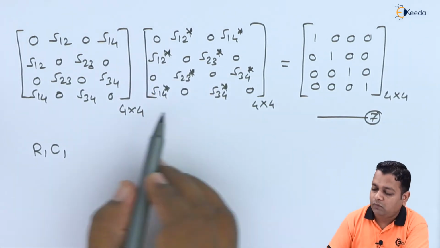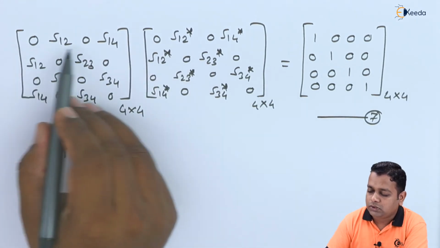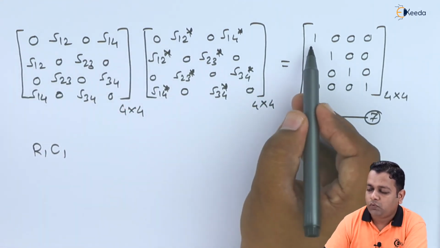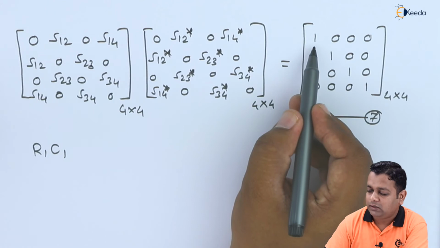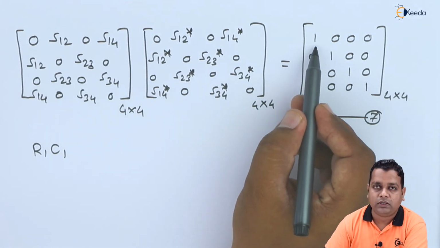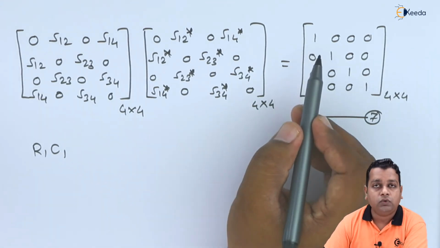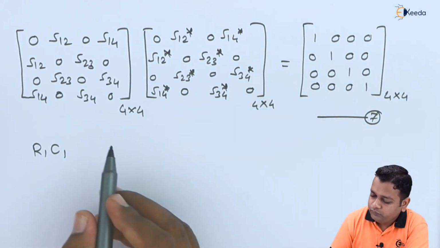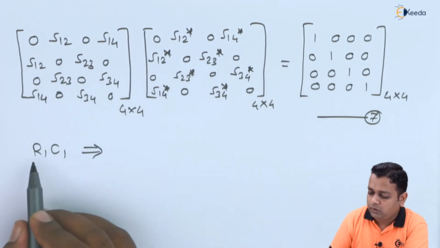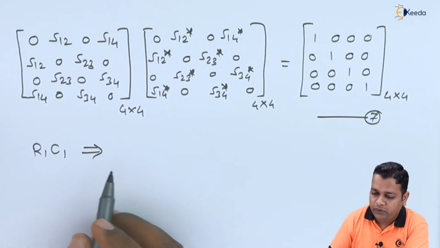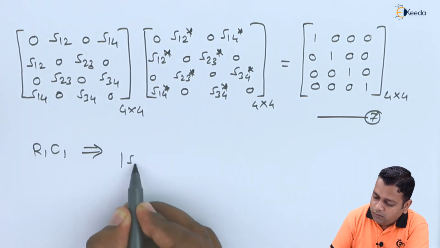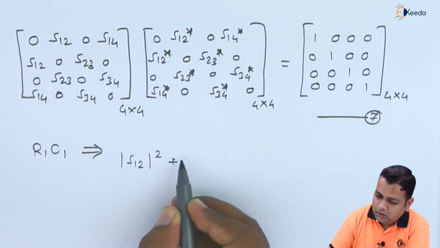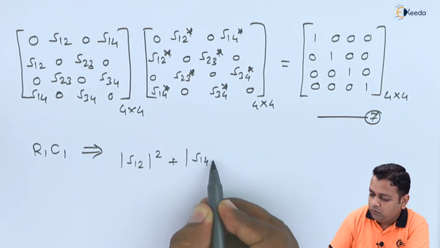When we multiply first row by first column, the value in the RHS at the first row first column element is 1. So from equation number 7 it will give us: mod of S12 squared plus mod of S14 squared.